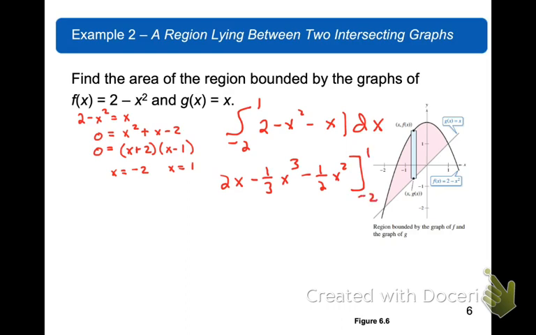So I'm going to use the fundamental theorem of calculus, capital F of 1 minus capital F of -2. I'm going to plug in 1 and solve it. When I plug in 1, that's 2 minus 1/3 minus 1/2.